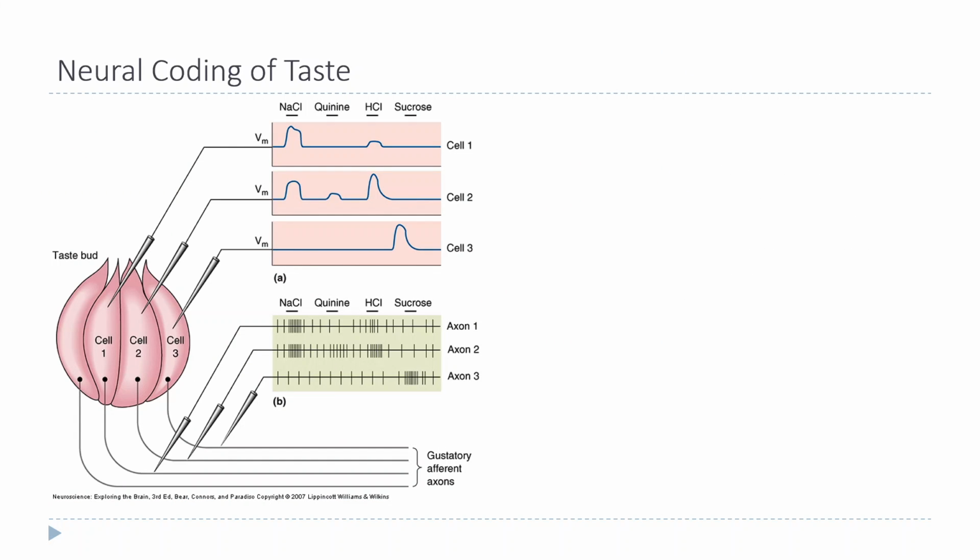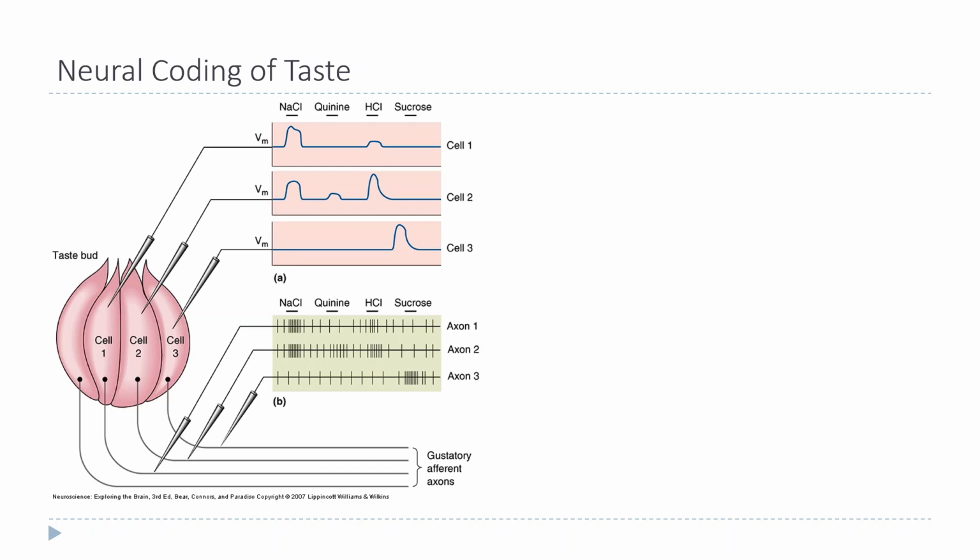Now, the last thing to say about taste, and this applies to all the sensory systems too, is that the job of the sensory system is not just to detect a sensation, but to encode it. In other words, send all the information about that stimulus to the brain. We talked about the different parameters or properties of a stimulus that a sensory system has to encode.